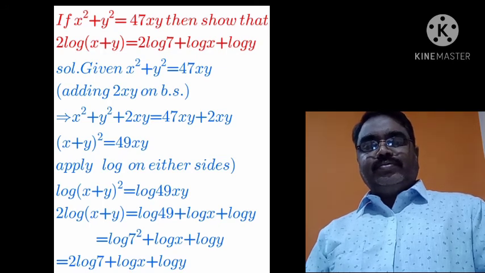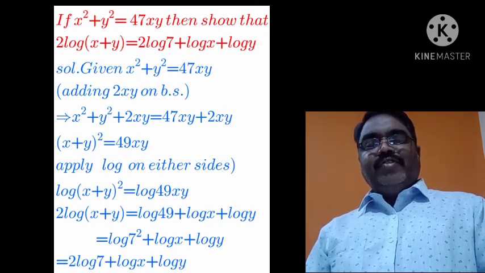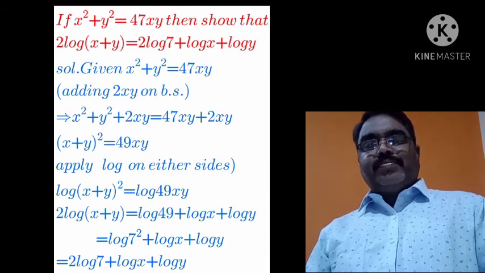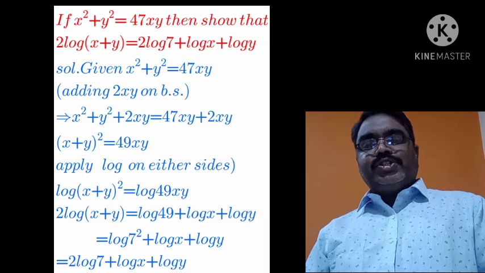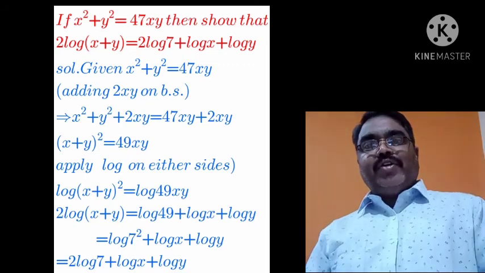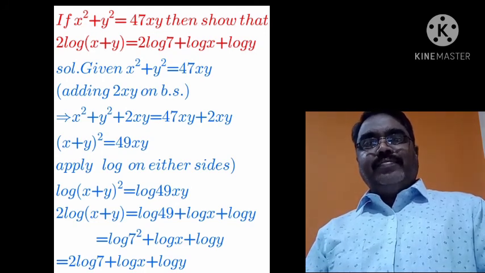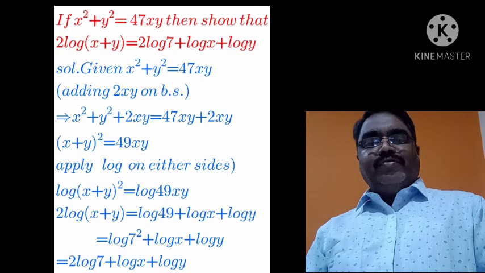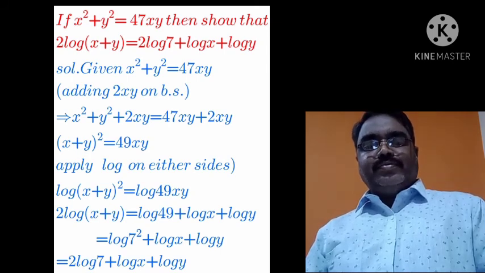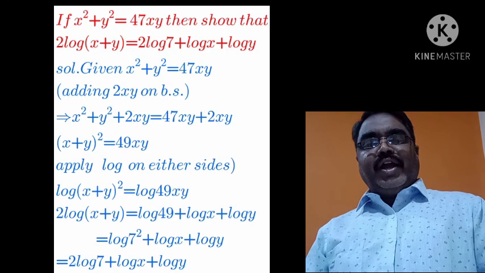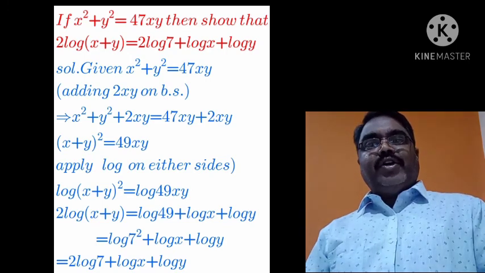After that, apply the laws of logarithms that we have discussed earlier. Here we apply exponential law of logarithm. Log of x plus y whole square is in the form of log a to the power of m, which is equal to m times log a. So it would be equal to 2 times log of x plus y is equal to log of 49xy. Further, log of 49xy can be written as log 49 plus log x plus log y.